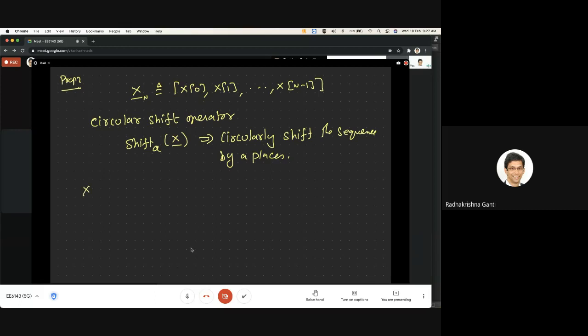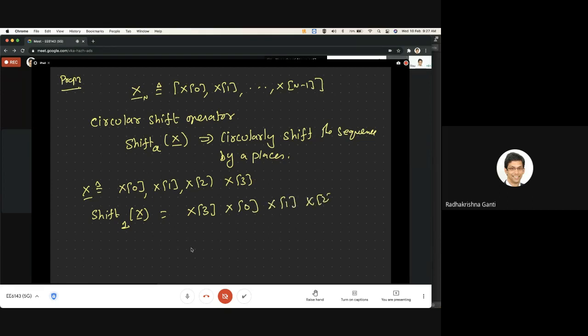Let's do an example. Suppose x is equal to x0, x1, x2, and x3. Then shift 1 of x: I circularly shift, so x of 3 is going to come here and the other things remain the same. Essentially it will be x3, x0, x1, x2.